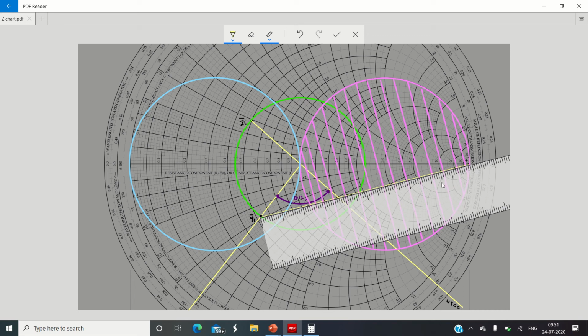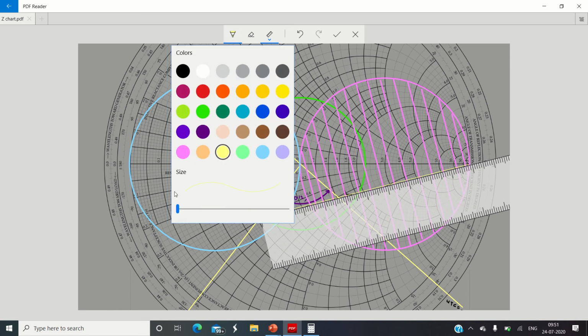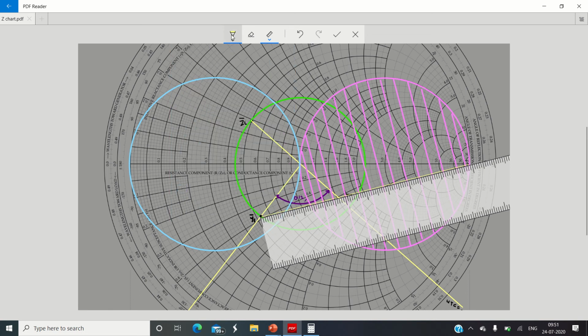So I will divide this chord into two parts and put a position at 5 centimeters. I will choose a black color to put the center position exactly at the halfway of this line. 2, 3, 4, and 5, somewhere here.